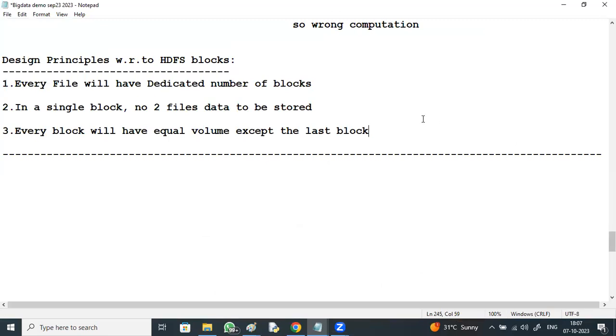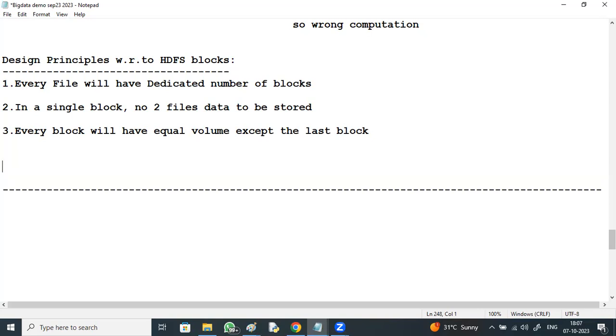We can also set our own block size. Configuring our own block size.